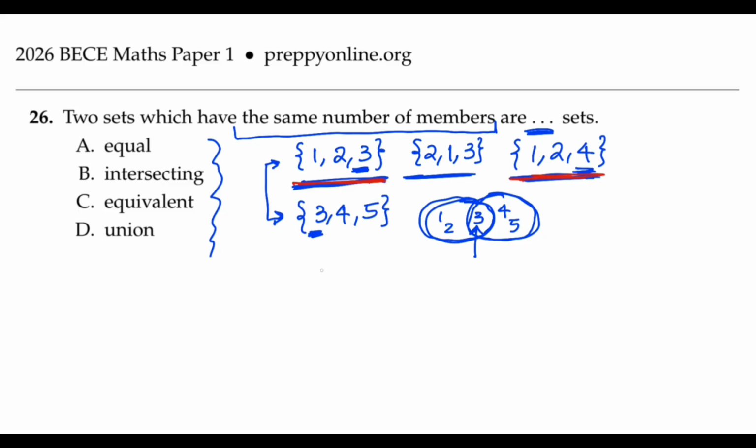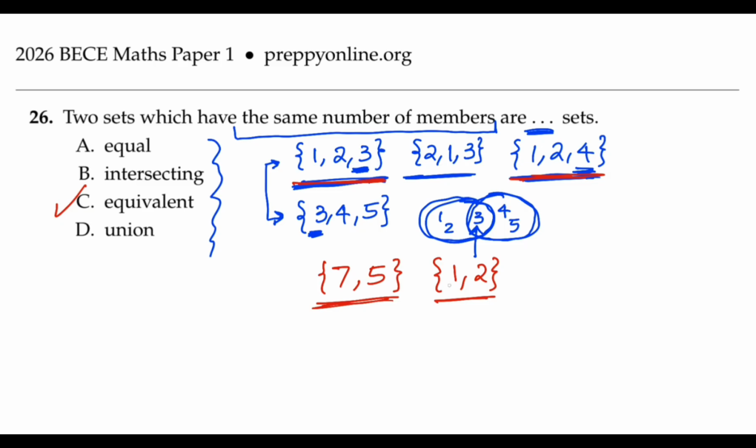So the set, let me just give another example, 7, 5. This set has 2 elements, so it's equivalent to the set 1, 2, because all you care about is how many elements there are. Let's look at the fourth option, a union.